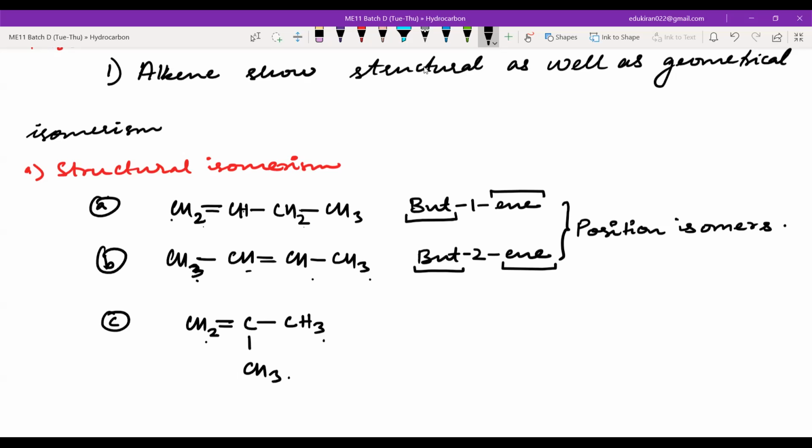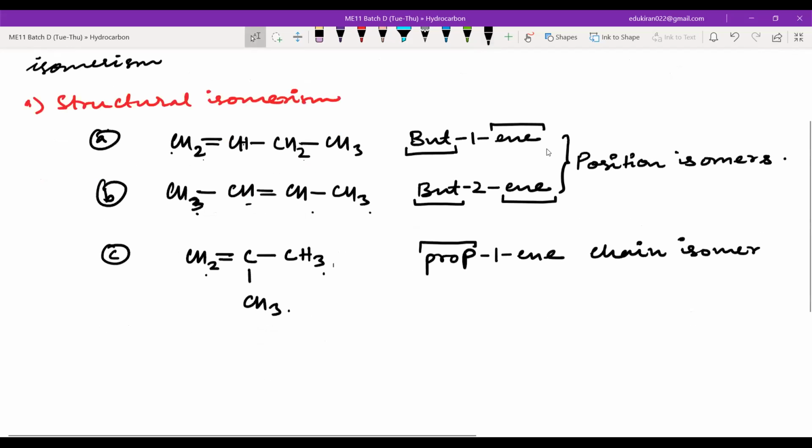Now this will be named as what? We have 1, 2, 3 carbon atoms. That is why this will be prop-1-ene. Now this is known as a chain isomer. Why? Because we have changed the parent chain. Yeah, sorry, 2-methylprop-1-ene. 2-methyl will be also there.